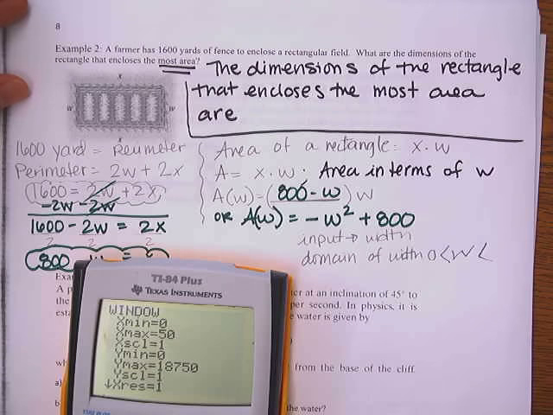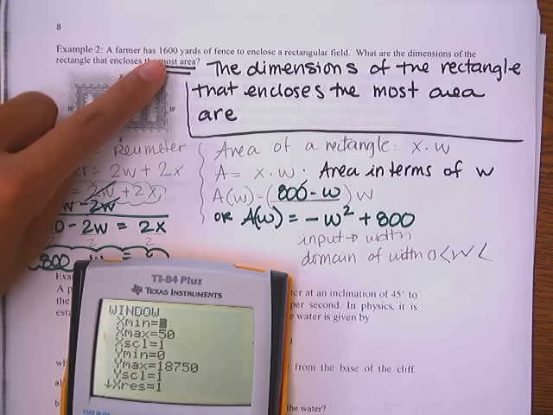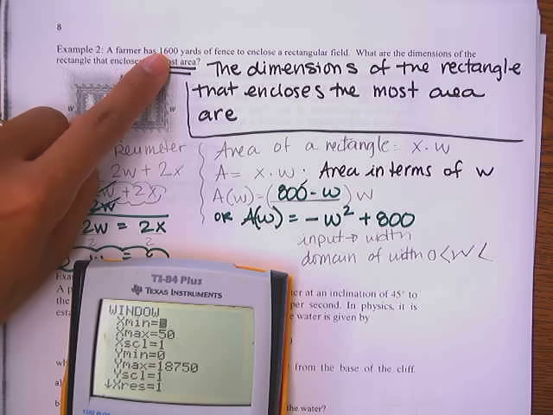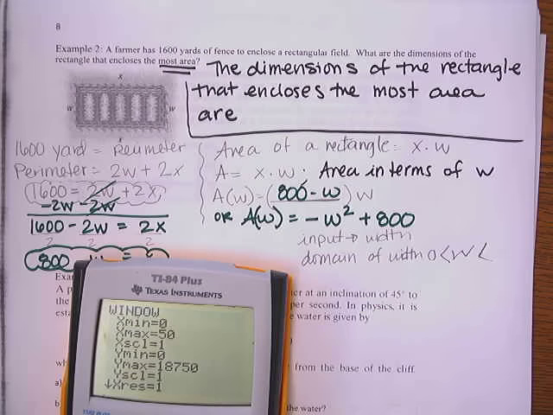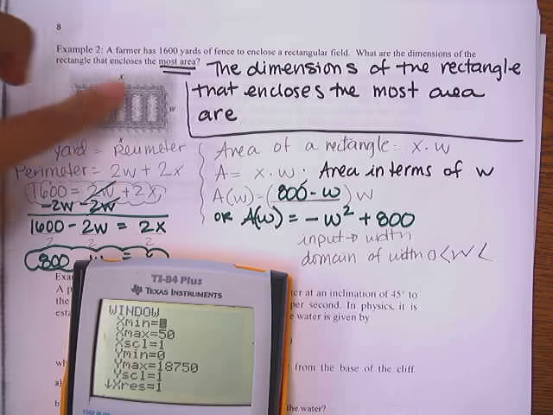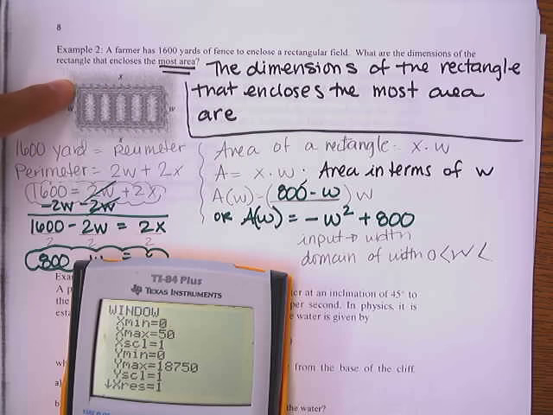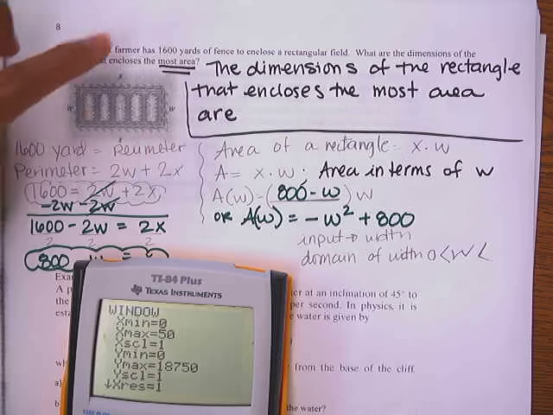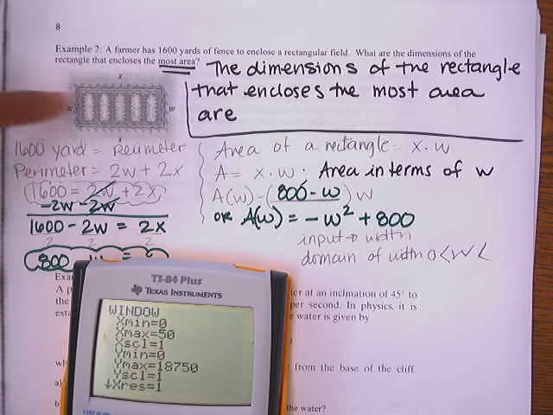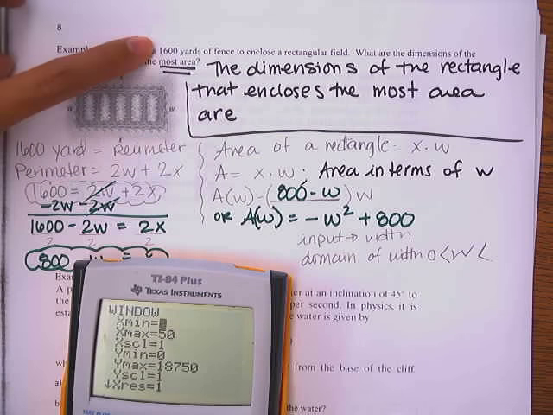If you have 1600 yards of fence, okay, well, if your x distance, your length distance, let's just say is very, very, very close to 0, not 0, none of these can be 0, but very close to 0, then your two widths added together could be very, very close to 1600, slightly less than 1600.